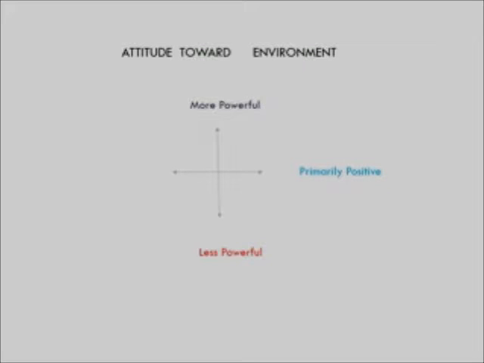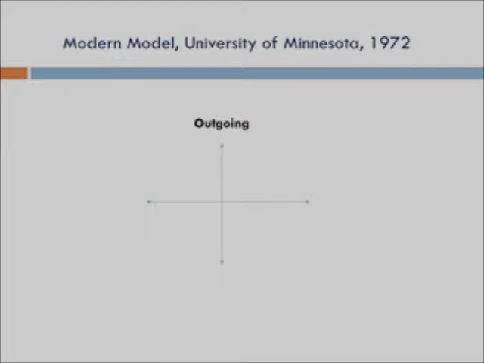On the other quadrant, are they looking at their environment primarily positively, optimistically, or on the other hand, are they thinking primarily negatively about their environment? And this was the original work by Dr. William Moulton Marston.